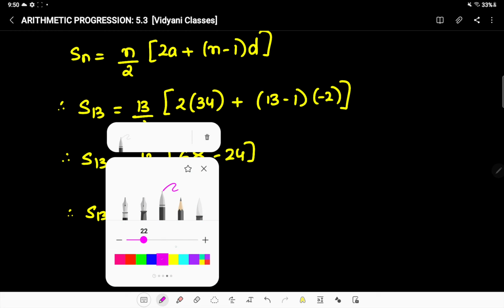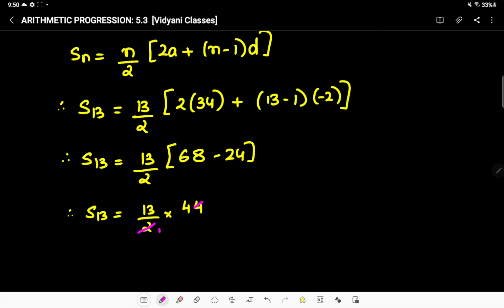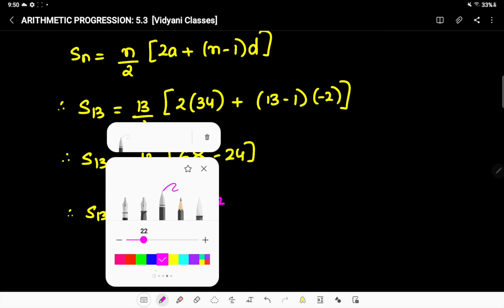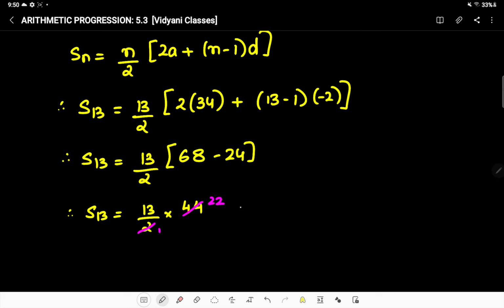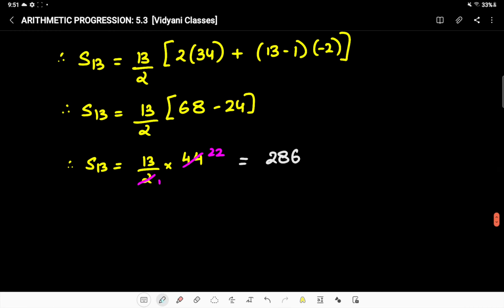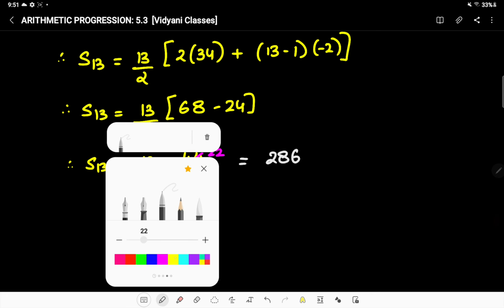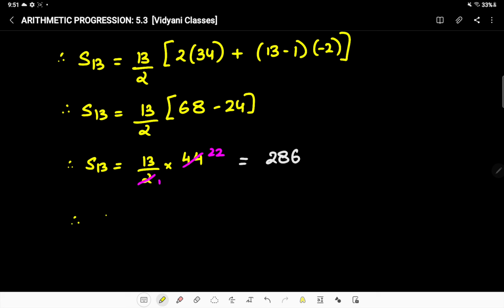So this will get cancelled out. 2 ones are 2, 22 thirteens are 286. Therefore the value of S13 is 286. Now the same sum you can solve in a different way also, and that is the shortcut.